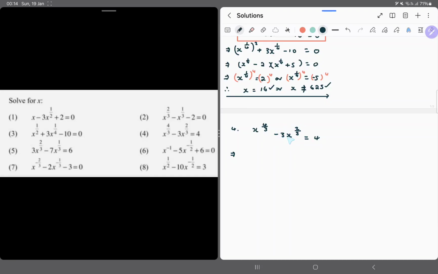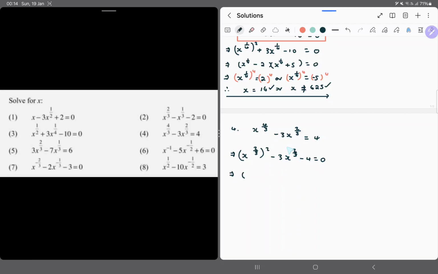This is nothing but x to the exponent 2 over 3 all squared. Remember, when we multiply those exponents, we will still have 2 times 2, which gives us 4. So this is 3 times x to the 2 over 3 equals 4. Okay, maybe let's write this in standard form. So this is minus 4 equal to 0.